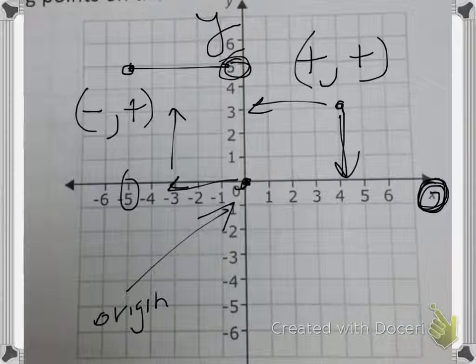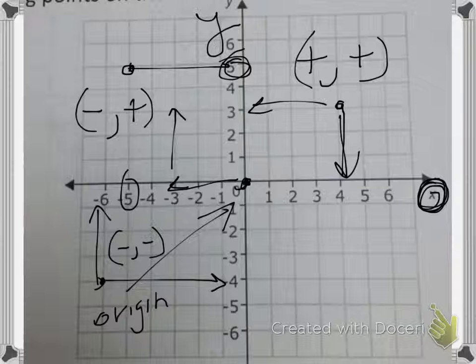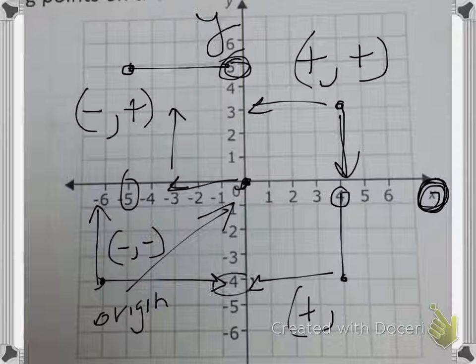This one right here, a point would go to a negative and a negative, so that's just two negatives. And this one here, a point would point to a positive on the x and a negative on the y. So we have all of these right here.